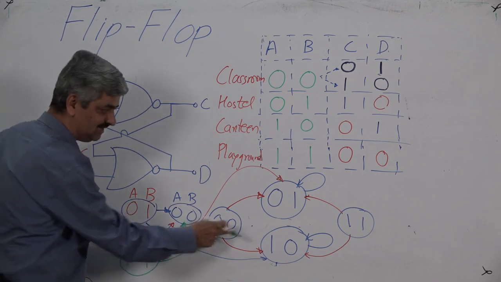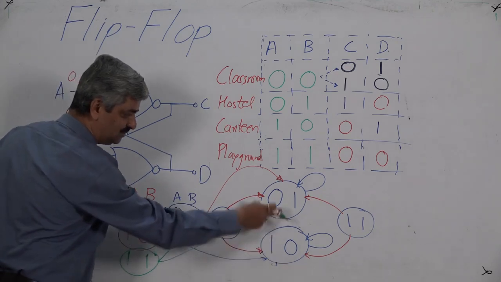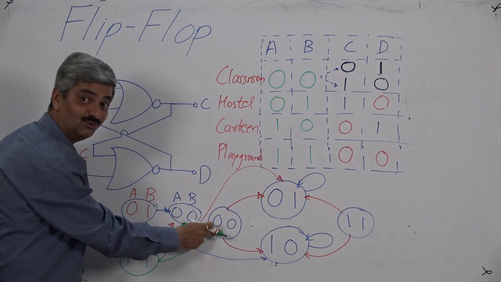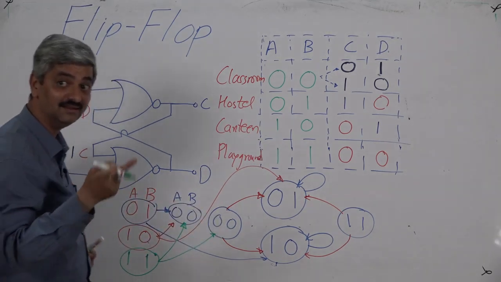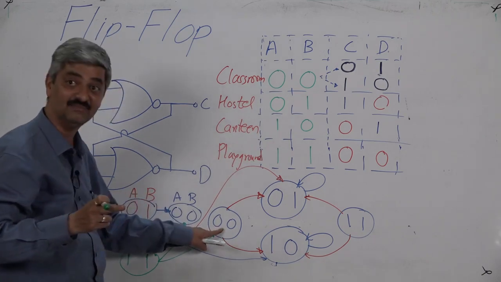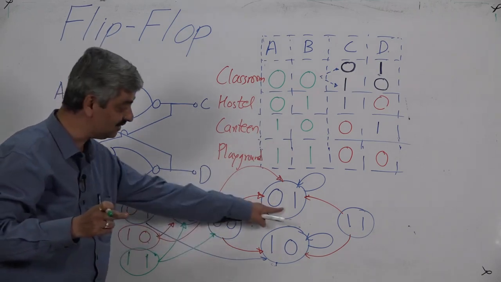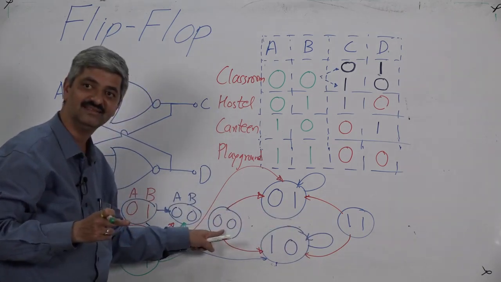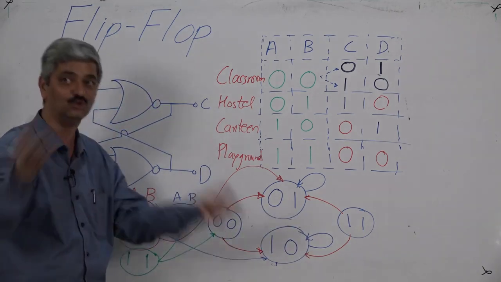In the previous two cases, the last states were 1, 0 and 0, 1, they continued. Now, the last state was 0, 0. Now, what will happen? The moment A equal to 0 and B equal to 0, this state can't remain. These were the states which were remaining. This can't remain. So, you don't know where you will end up.